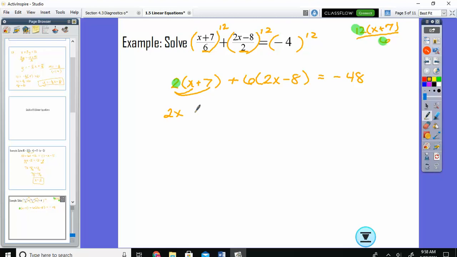So we get 2x plus 14 plus 12x minus 48 equals -48.